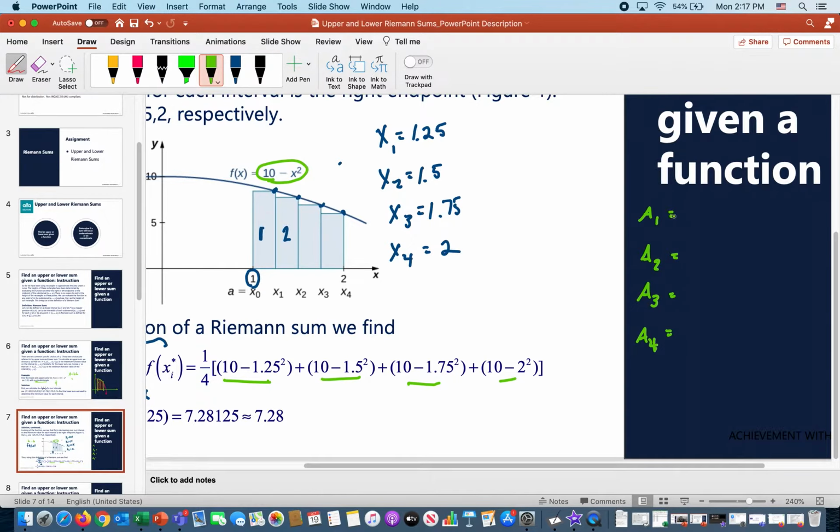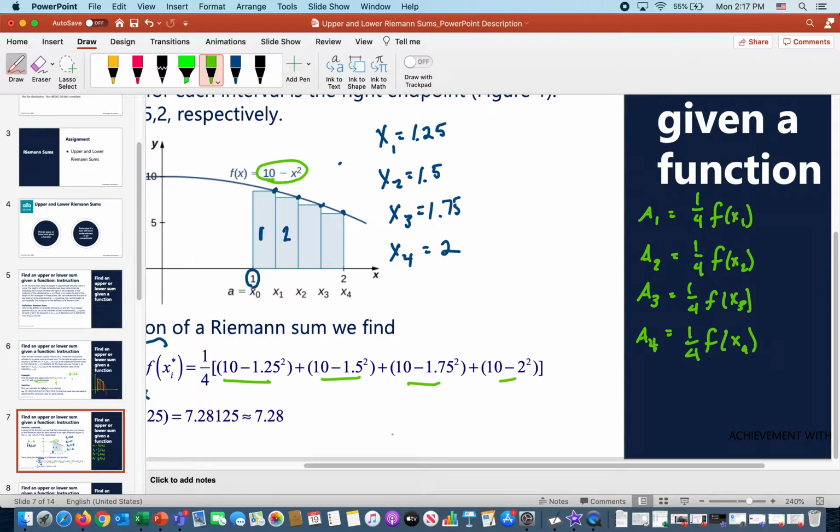So if I'm finding the area of each rectangle, it's going to be 1/4 times the function height at that x value, and another 1/4 times the function height at the second x value. So what's happening on the PowerPoint is they're factoring out this 1/4, so you only have that 1/4 value to deal with.